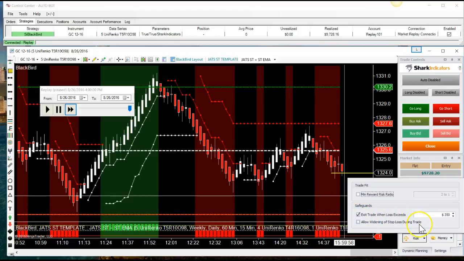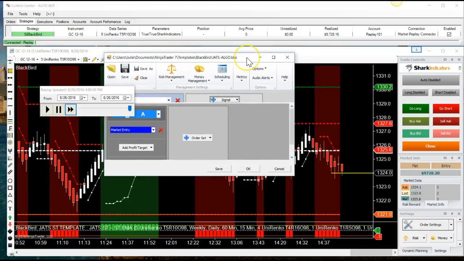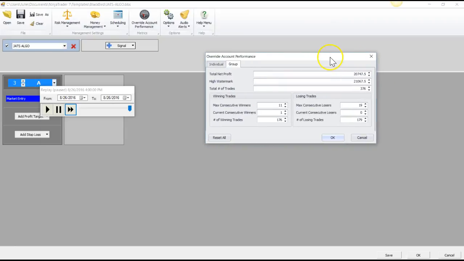You can do a global entry, let me show you that, so that if you're running several contracts, this will be on a global basis.